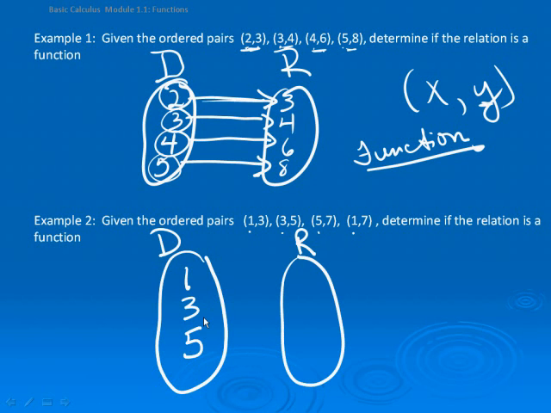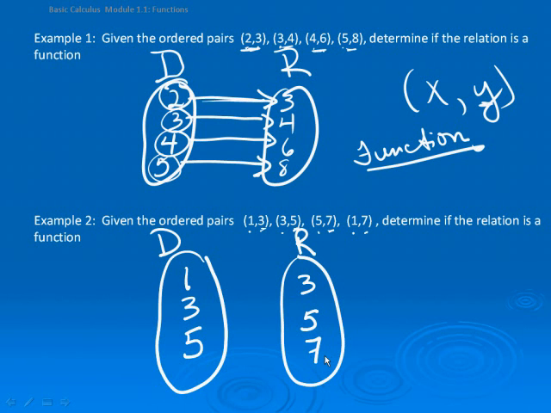And our range are the y values in the ordered pairs, and that is 3, 5, and 7. Notice, in our domain, 1 was used twice, but I didn't write it twice because I'll show the mapping from 1. And notice also in the range that 7 was used twice, but I didn't write it twice because I'm going to show the mapping from the domain to 7.